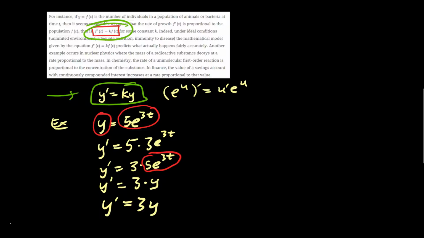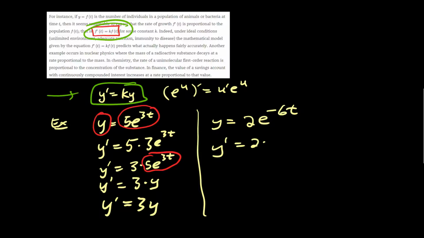So let's just play around with this just a little more and see if there's a pattern. So let's start with, let's say, y equals 2e to the negative 6t. So let's take the derivative. This is 2 times negative 6e to the negative 6t. Now I'm going to rearrange the constants here. So this is negative 6 times 2e to the negative 6t.